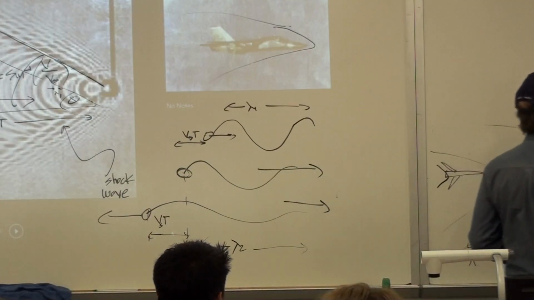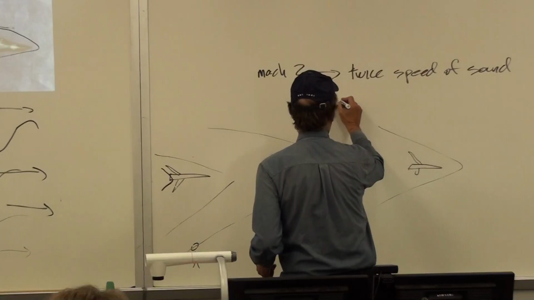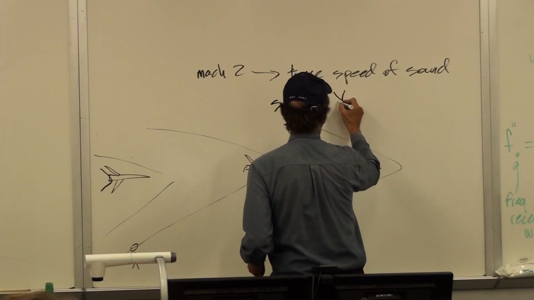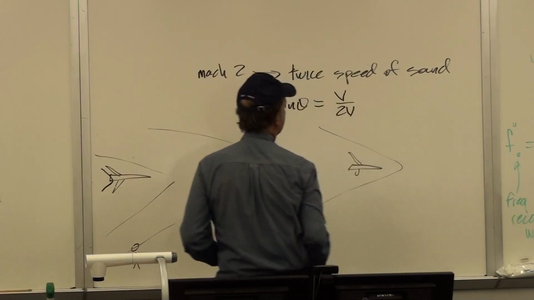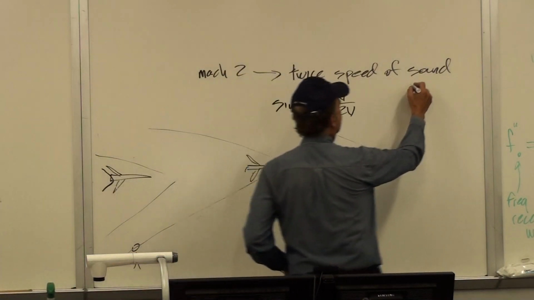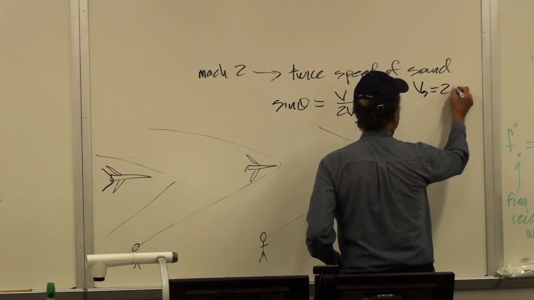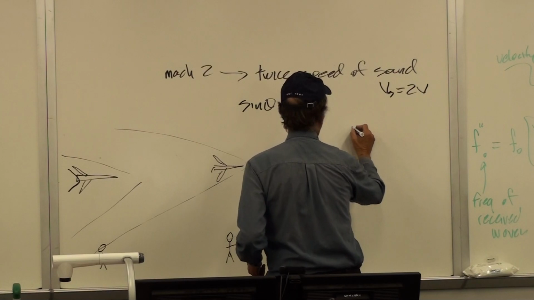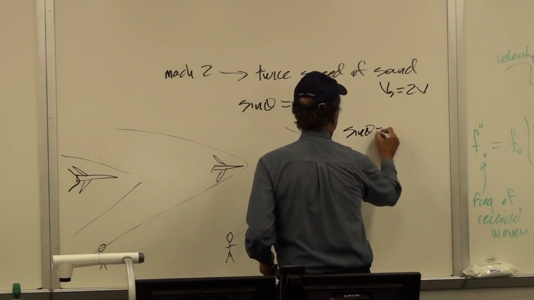And so for that, then you could say that the sine of theta would be equal to v divided by 2v, because the velocity of the source would be twice the speed of sound. And that would give you the sine of theta is 1/2.